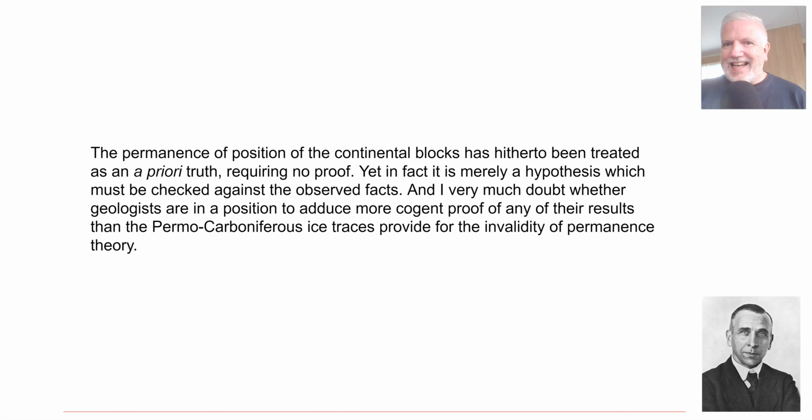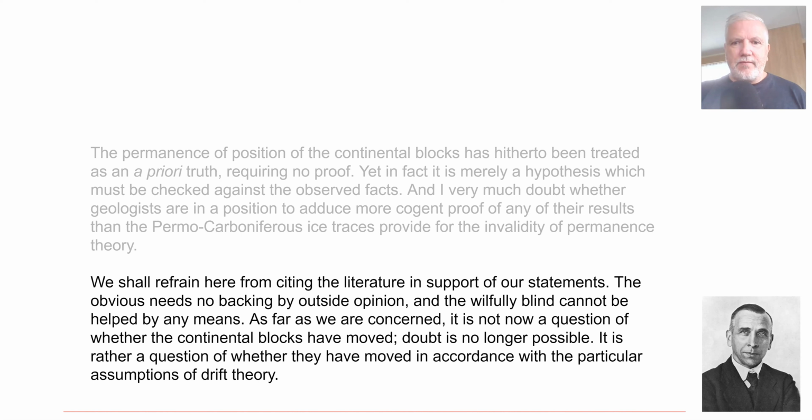He says, yet in fact it is merely a hypothesis which must be checked against the observed facts. And he says, I very much doubt whether geologists are in a position to adduce a more cogent or better, clearer proof of any of their results than these ice traces provide for the invalidity of their permanence theory. He says that the ice traces basically criticise terminally their theory.